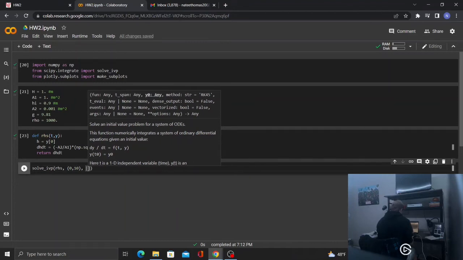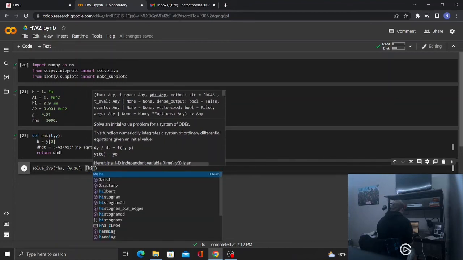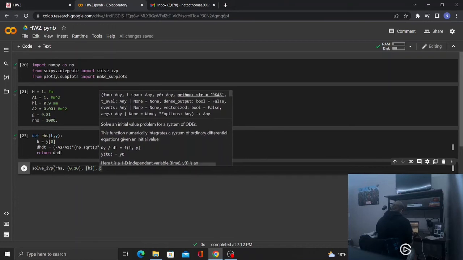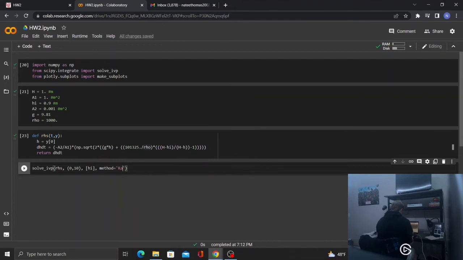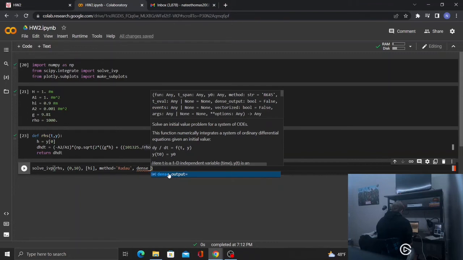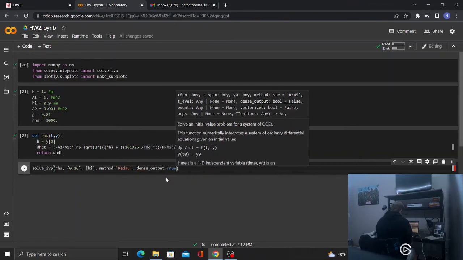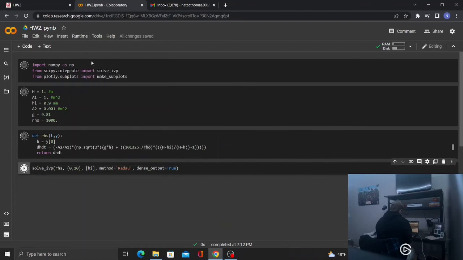Then the initial height, hi, and then the method, which we'll be using Radau, and the dense output will be true. And I'm just going to run all.